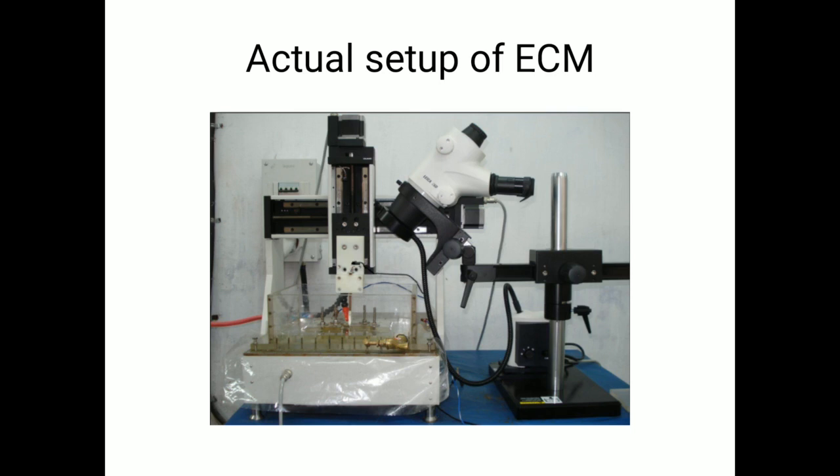And you can see a tool post in the middle of the setup. This is used to adjust the gap between the workpiece and the tool. You can move this tool top and bottom, and you can also move this tool right to left.